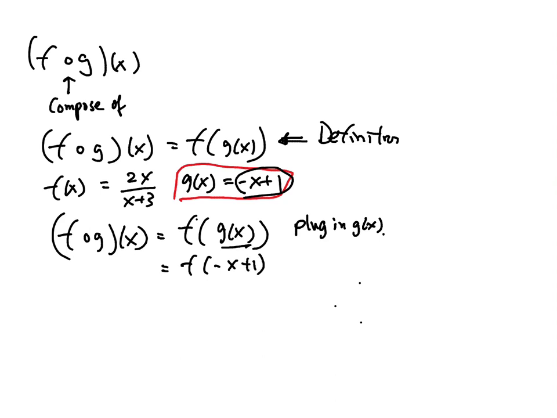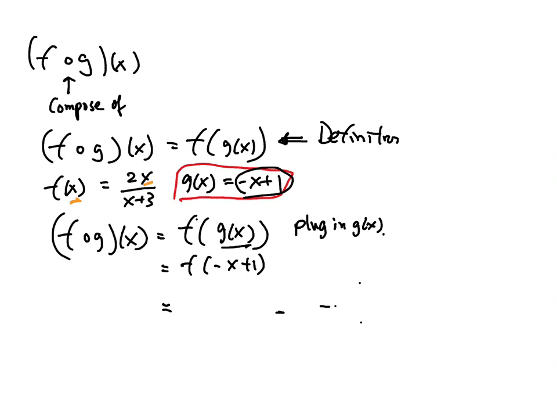Now notice, once I replace the g of x with negative x plus 1, the only function that's left is f. So I'm going to look at the function for f, and plug in negative x plus 1 wherever I see an x.